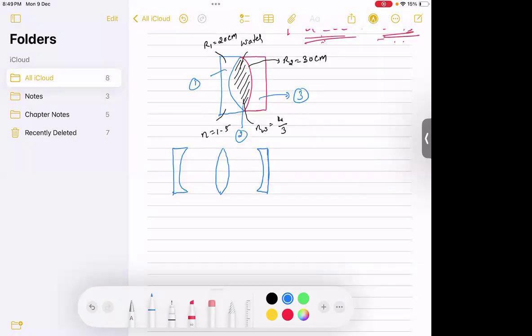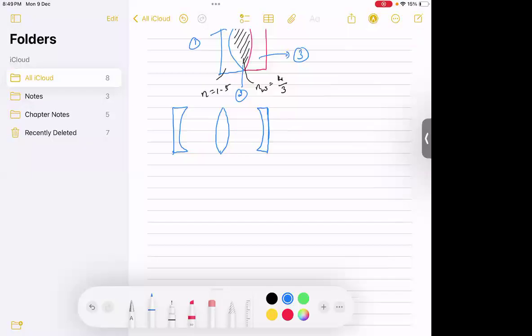Use the lens formula for the first lens. What is the lens maker's formula? 1 by f equals mu minus 1 or n minus 1 into 1 by r1 minus 1 by r2. 1 by f1 for the first case. What's the refractive index for this? It is 1.5 minus 1 into 1 by r1.